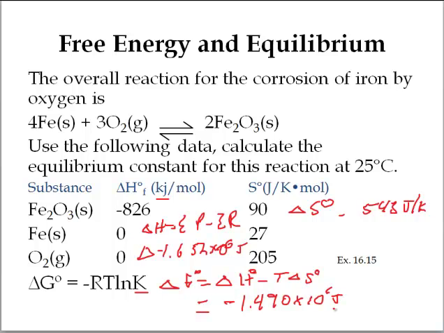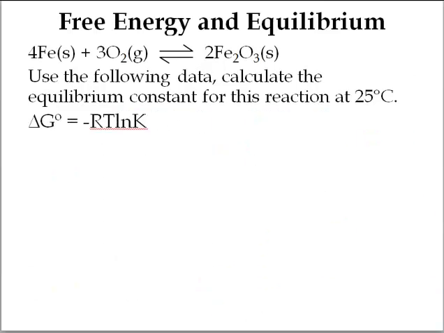Now I've got this value, so let's plug it into this equation. Let me give myself a little bit of room here. I'm just going to plug in the numbers. Actually, you know me, I like to rearrange things. So the natural log of K equals delta G naught over negative RT.